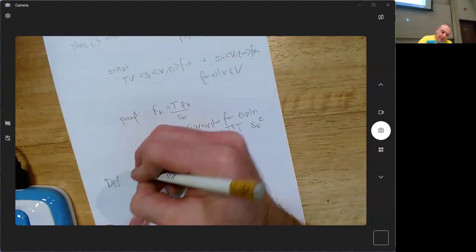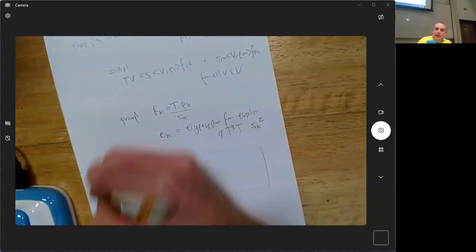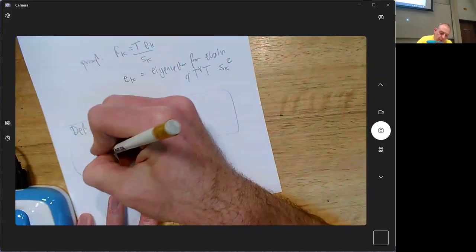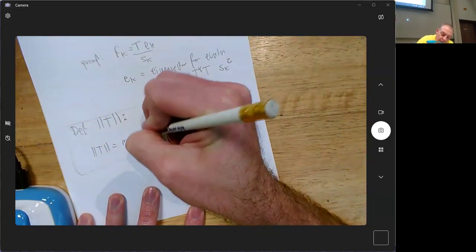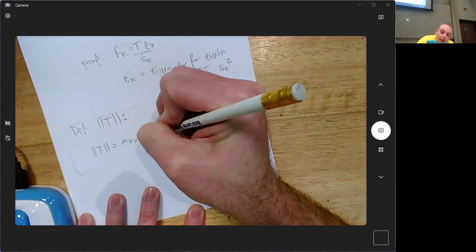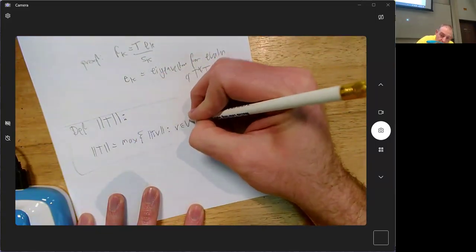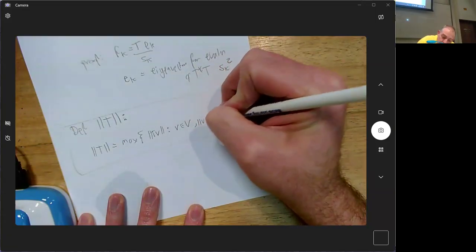Definition: the norm of T is the maximum value of the norm of T of V such that V is in V and the norm of V is less than or equal to 1.